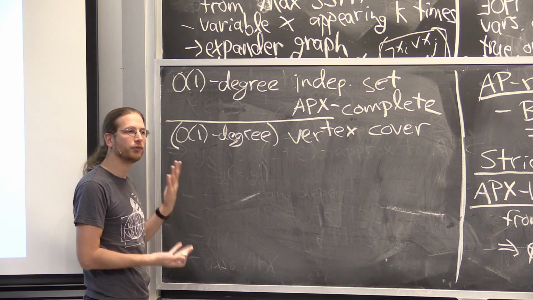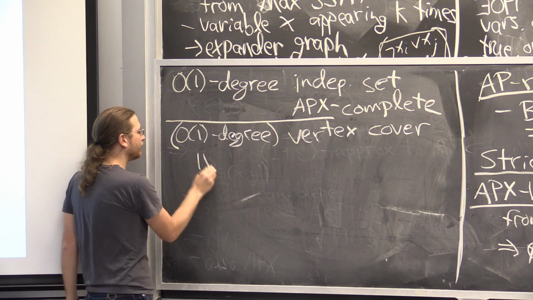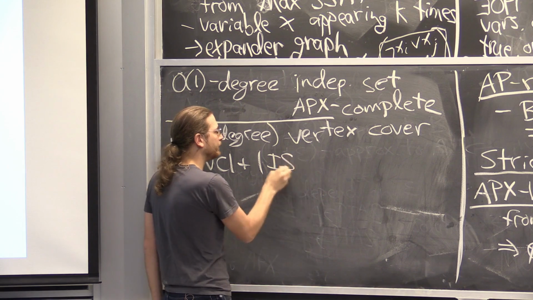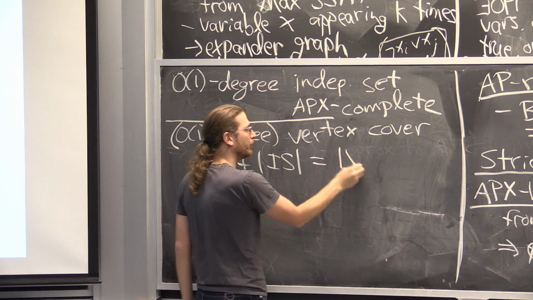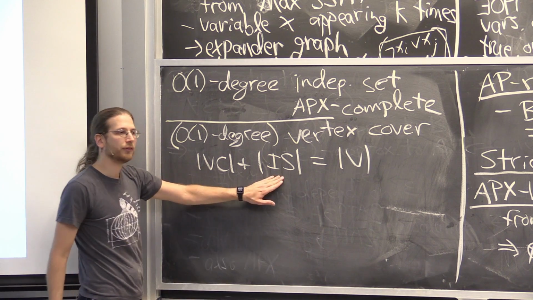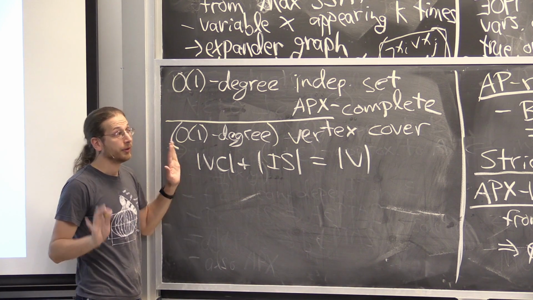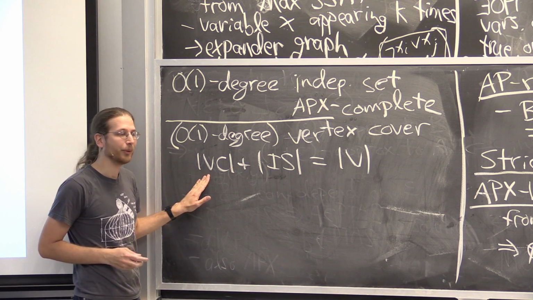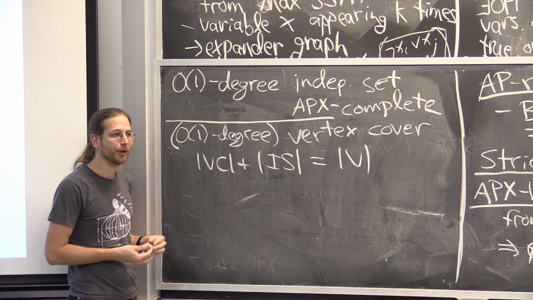They're kind of dual in that if you look at the size of a vertex cover plus the size of a maximal independent set, it will always equal the number of vertices. So maximizing this is the same as minimizing this. But approximating this is not necessarily the same as approximating this, right? One's a maximization problem, one's a minimization problem.